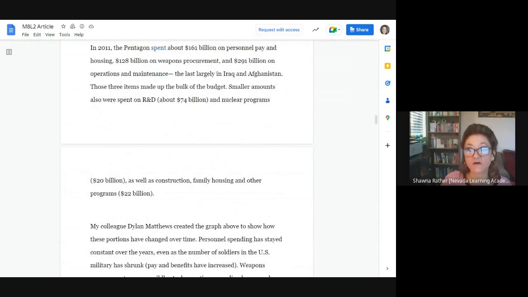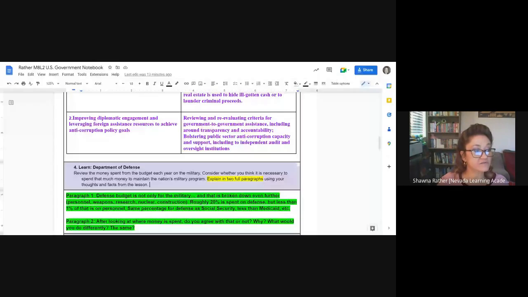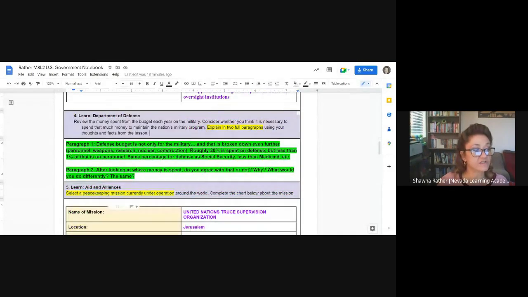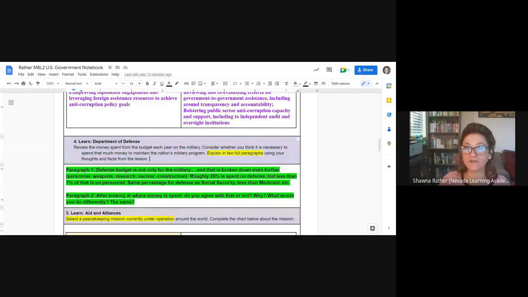So this article, which when you are in the course arc is the blue hyperlink right here that you're clicking on, is what you are going to use to answer this question on the Department of Defense. And I think we're going to stop here for now.